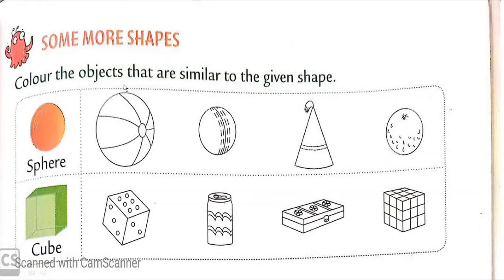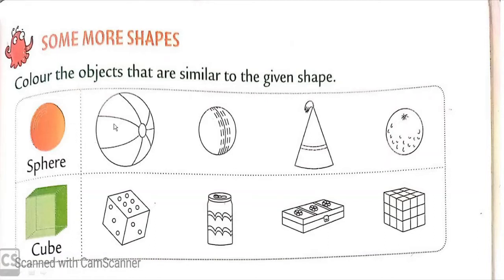Color the objects that are similar to the given shape. Means what we have to do? First of all, we have to find out the similar shape object. Look, this is a sphere.